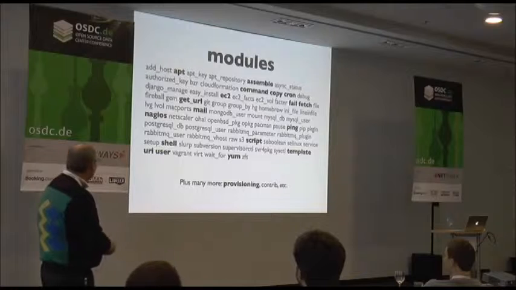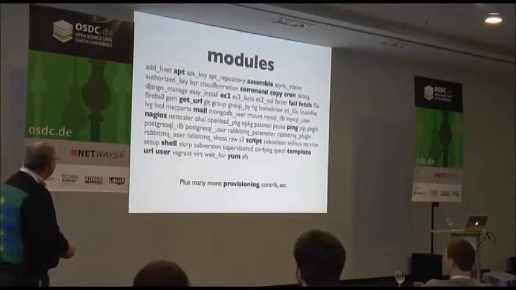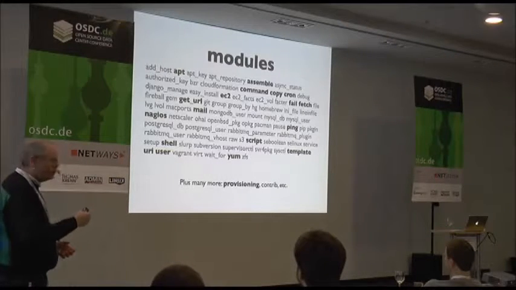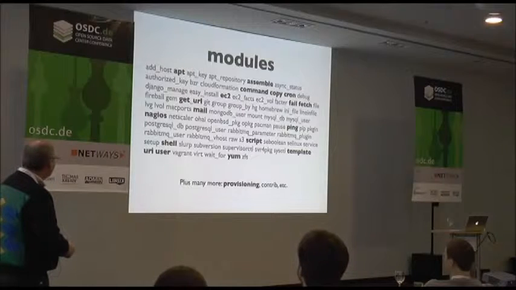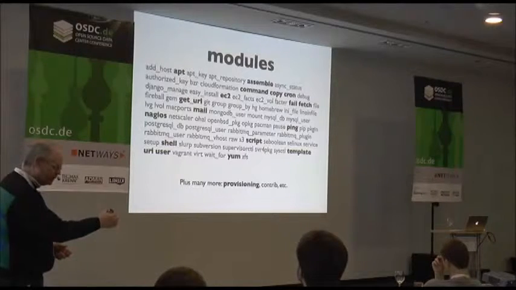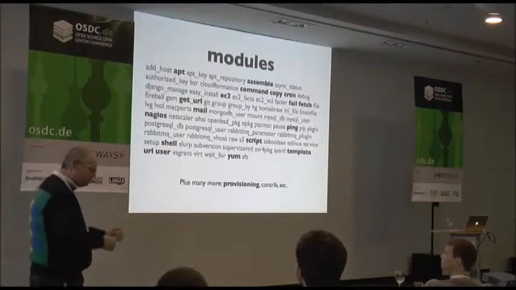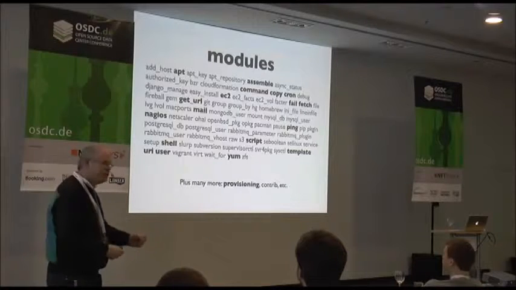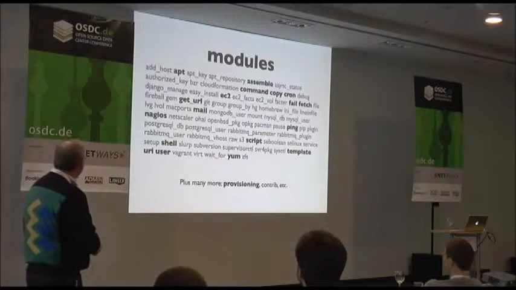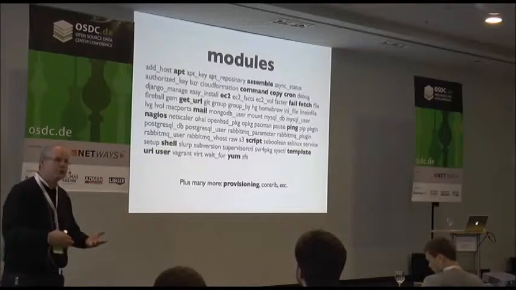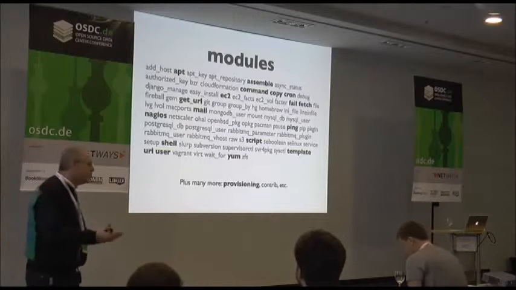We have fetch, which retrieves a file or a tree of files. Get URL, which I happen to have written, tells the remote system to get an FTP or an HTTP resource. Similar, the URI module, which should be somewhere here. Yeah, there. User, to create or remove users. Groups, you can add, remove groups.